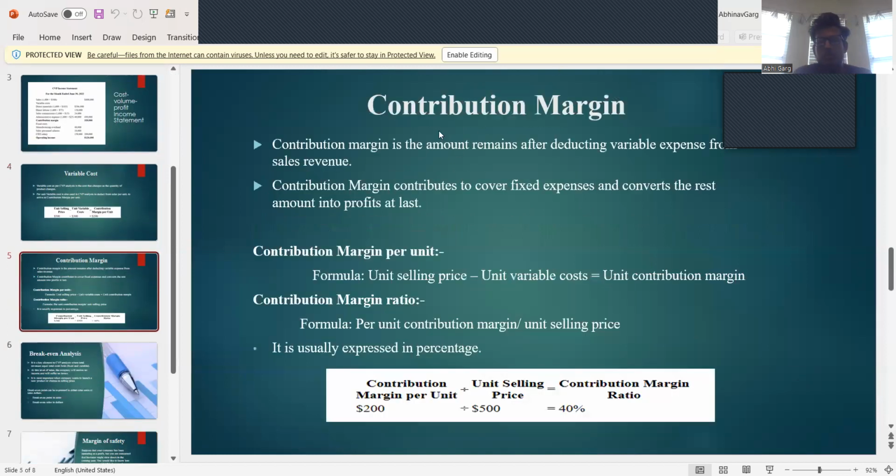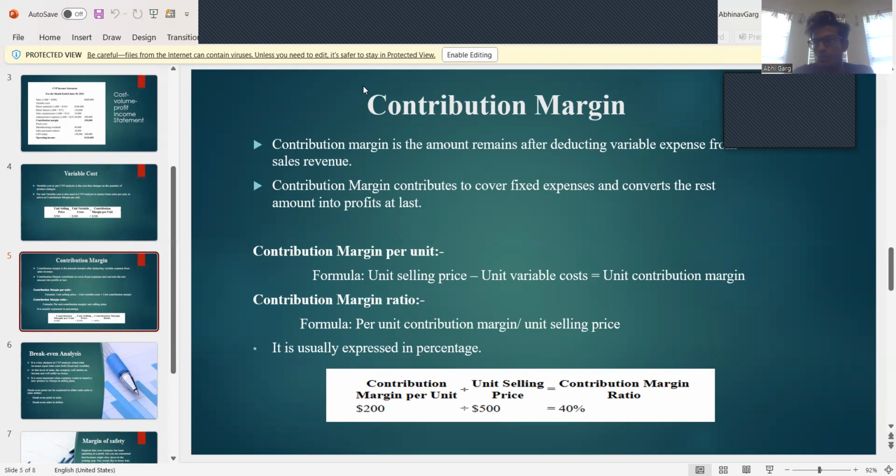Now let's talk about the contribution margin because it is a very important concept in CVP analysis. Contribution margin is the amount that remains after deducting variable expense from sales revenue. As you can see from the previous example, unit selling price minus unit variable cost equals unit contribution margin. So contribution margin can be found in two ways, per unit or as a ratio.